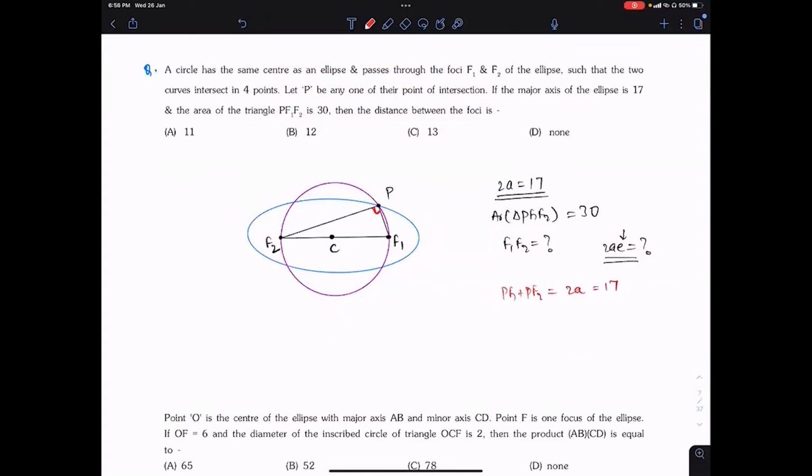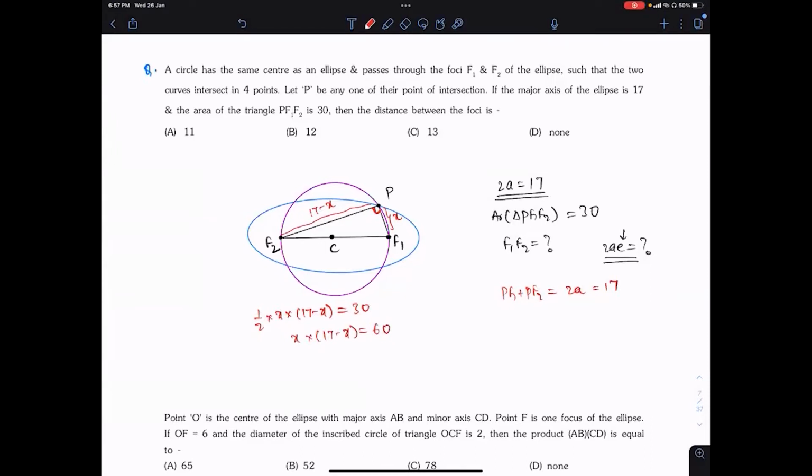In an ellipse, the sum of focal distances is 2A. So if PF1 is x, then what will be PF2? It will be 17 minus x. And the area of this triangle is half into x into 17 minus x, that is given as 30. So from here you can find x into 17 minus x is equal to 60. Okay.